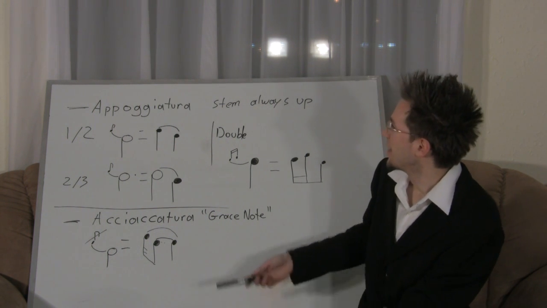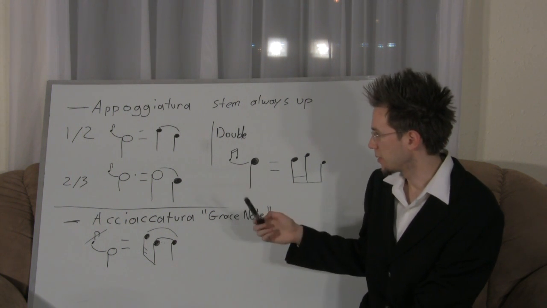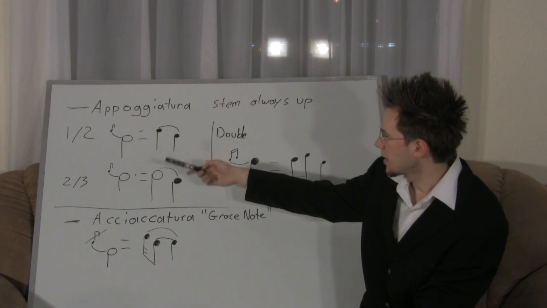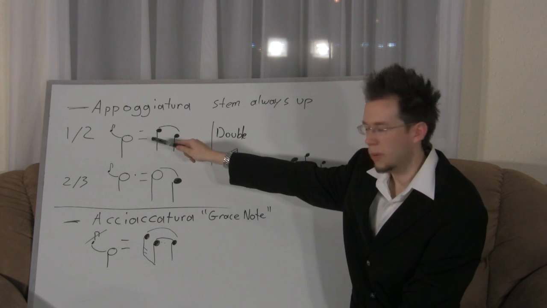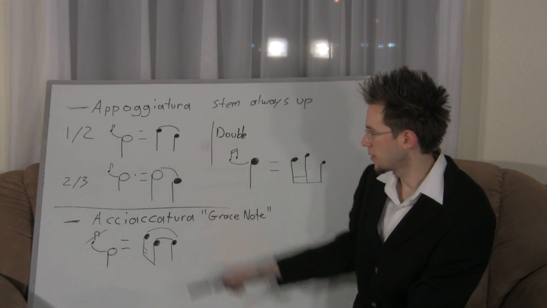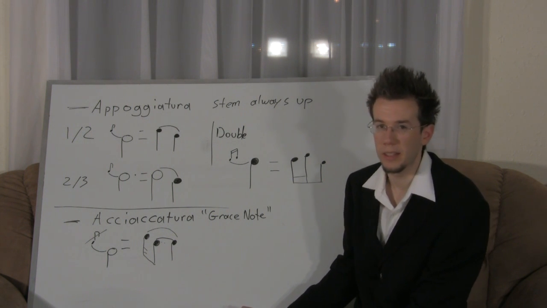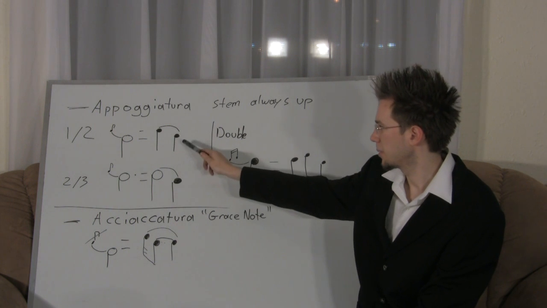Okay, so now how the beats are determined is actually different with these different ones. So I just want to explain that. Okay, so the appoggiaturas here, if you just see one like this and it's joined to just a regular note, like it's not dotted, nothing's being done to it, right? It's going to actually take 1/2 of that value and then divide it equally.